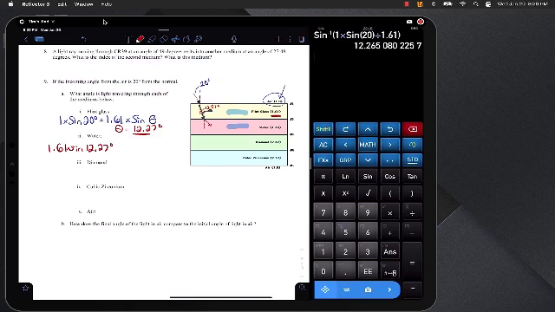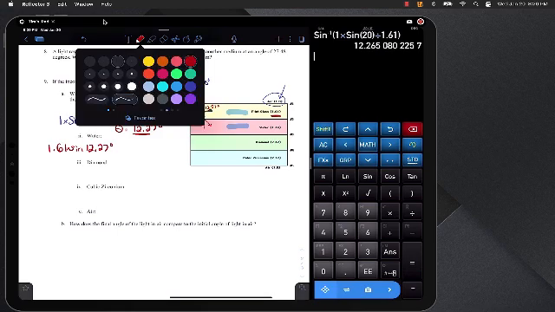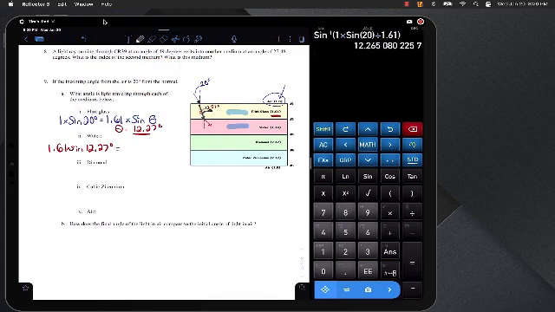It strikes that boundary. And it's going to enter into water that has an index of refraction of 1.33 times sine theta. We don't know what theta is in this case.